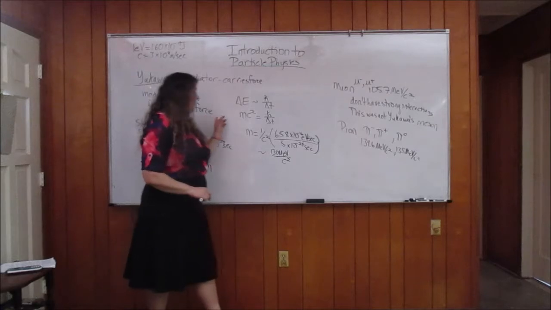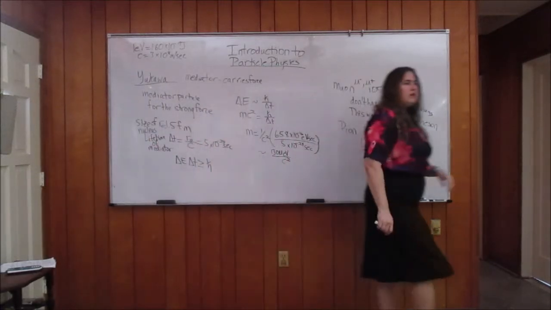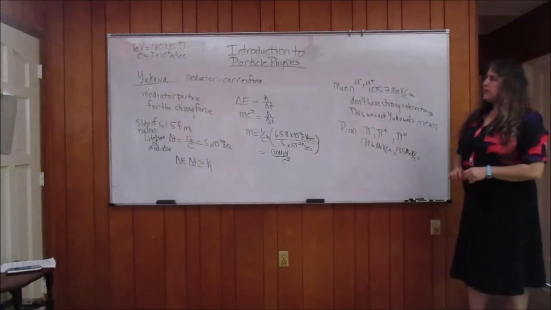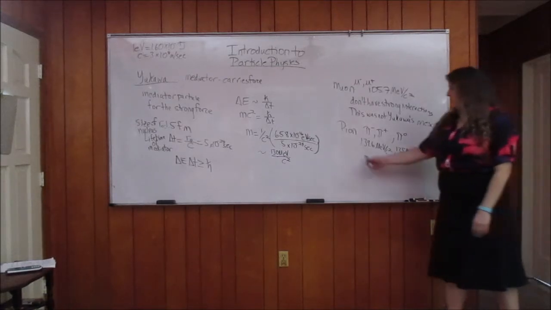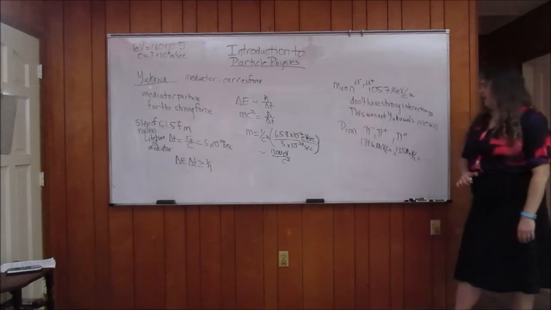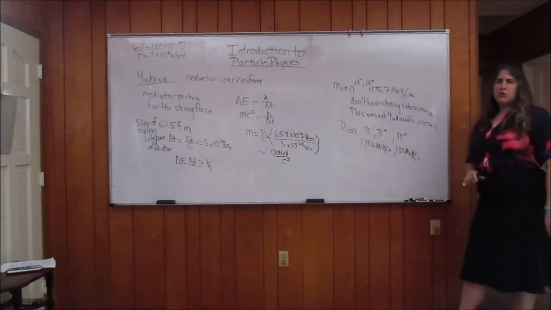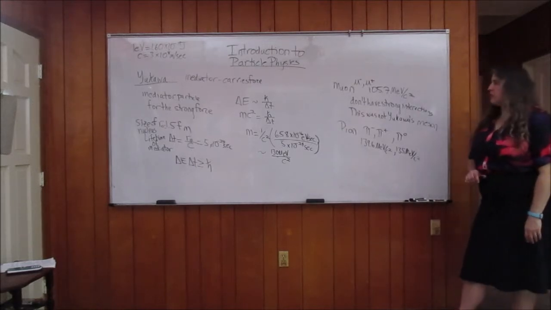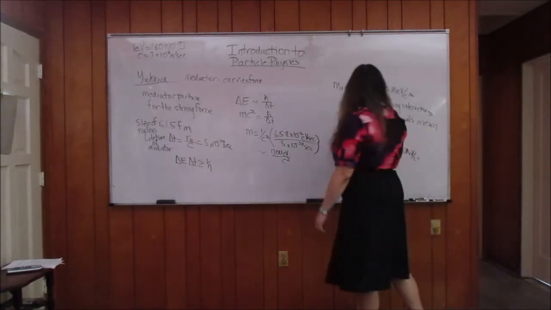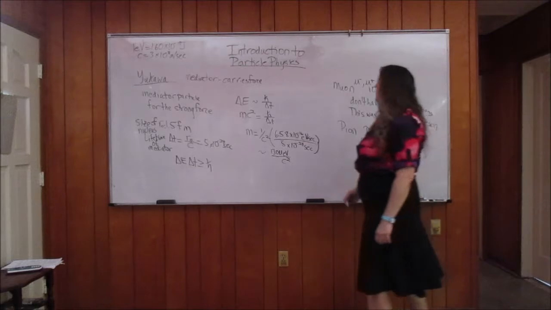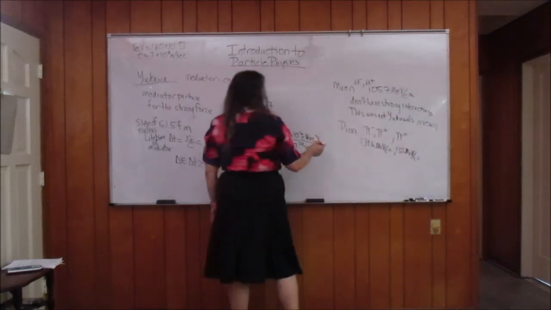His big contribution was proposing that there's a mediator particle for the strong force, and also he predicted a particle with a mass roughly on the order of 130 MeV/c². I'm going to close this out lastly by saying that the pion and the muon are not stable particles. In fact, they decay.